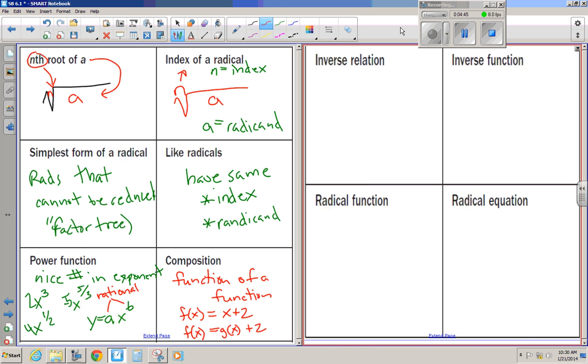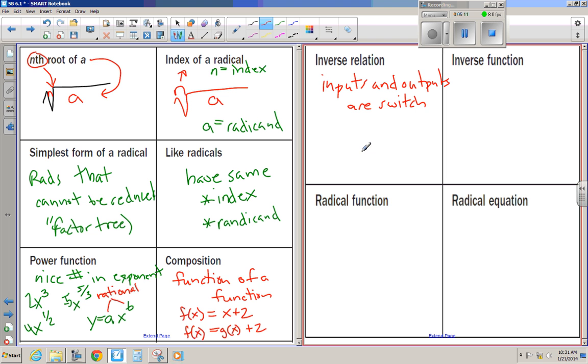Inverse relation. An inverse relation is where the inputs are switched.